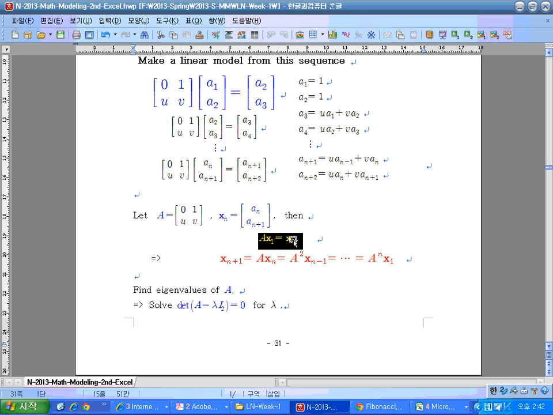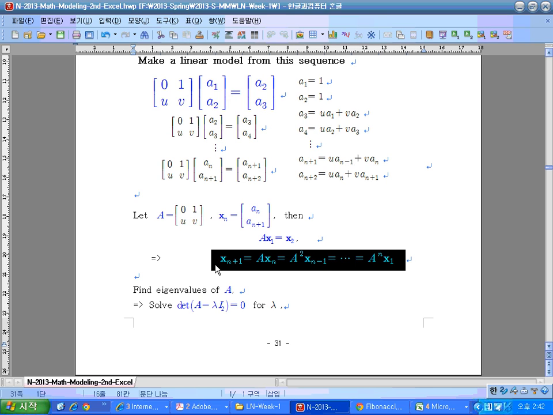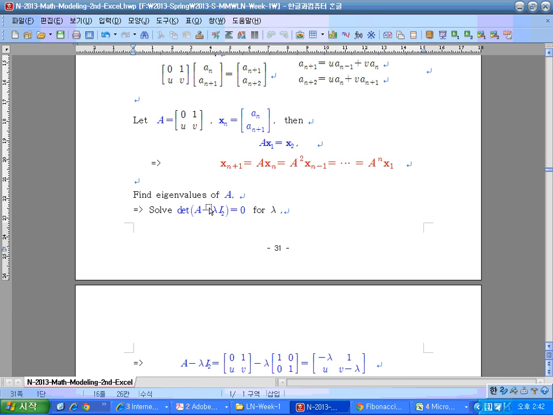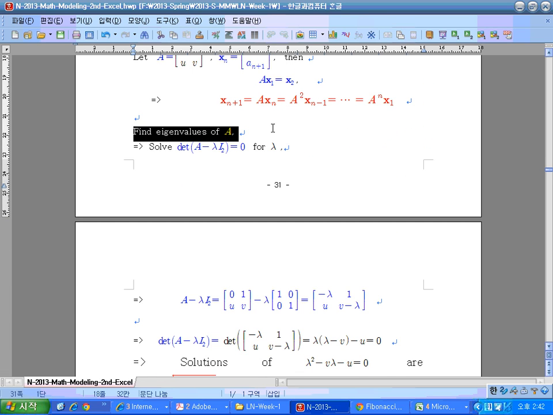We can continue this process to get this one. So we can easily find the (n+1)th term of that sequence with only the knowledge of the matrix A.